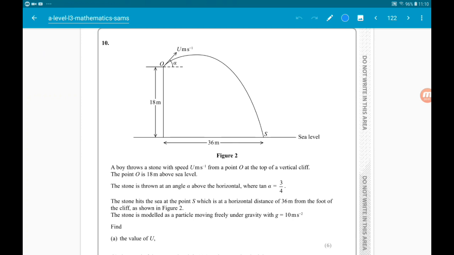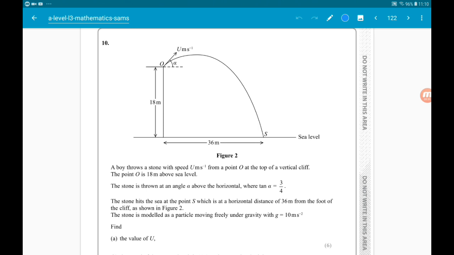Number 10, the final question of this ordeal. So we have projectile motion. A boy throws a stone with a speed u meters per second from a point O at the top of a vertical cliff. The point O is 18 meters above sea level. The stone is thrown at an angle alpha above the horizontal, where tan of alpha again is 3/4.